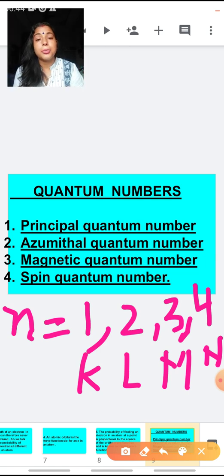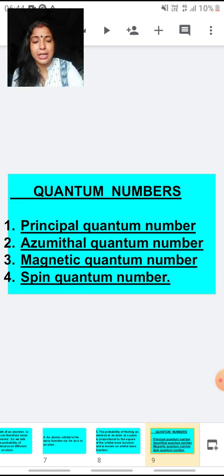So principal quantum number 1 corresponds to K, 2 corresponds to L, 3 corresponds to M, and 4 corresponds to N. So the principal quantum number will tell you about the shell in which the probability of finding the electron is there.